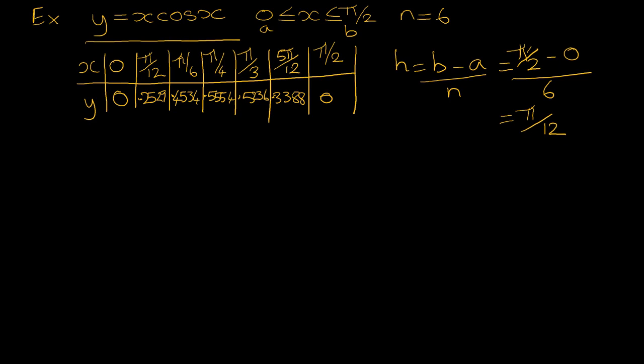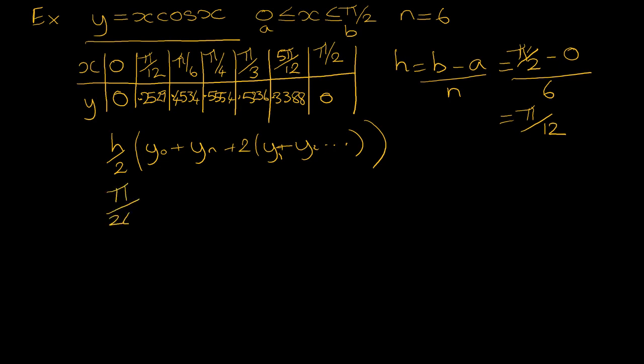So now we're just going to use the trapezium rule. Remember, it's h over 2 times y0 plus yn plus 2 times all the other y's. Our h here is pi over 12, and if we divide that by 2, we're going to get pi over 24. And then in brackets, our y0 is 0 and our yn is also 0.